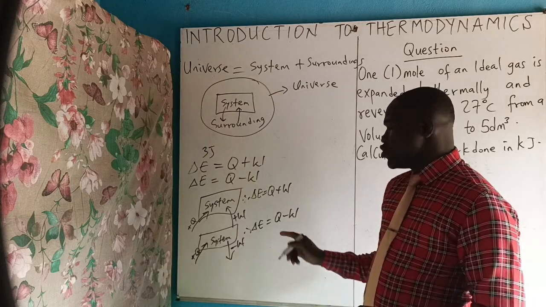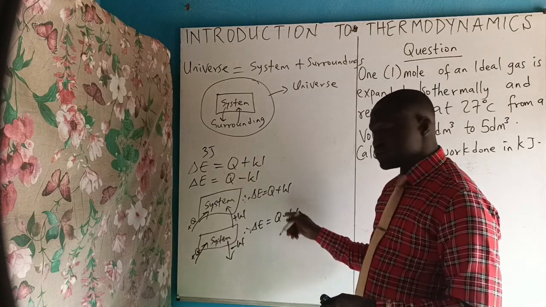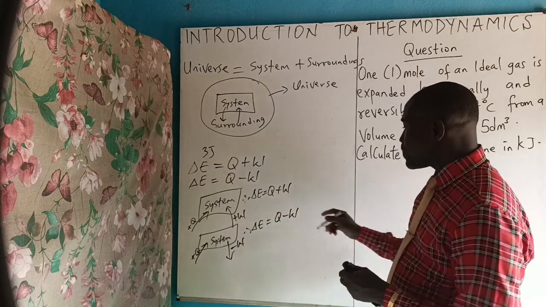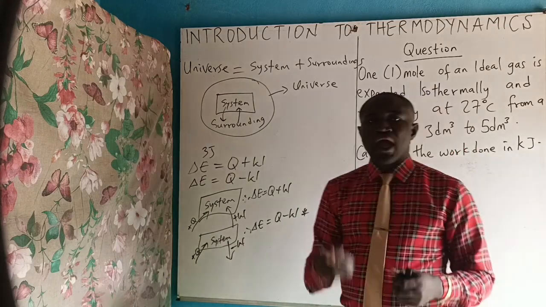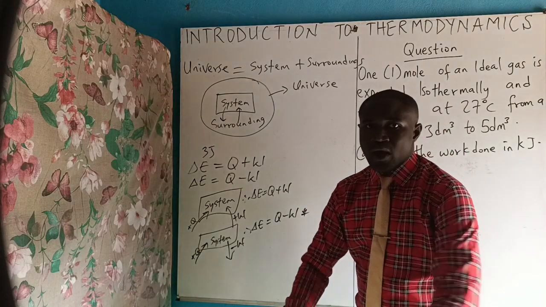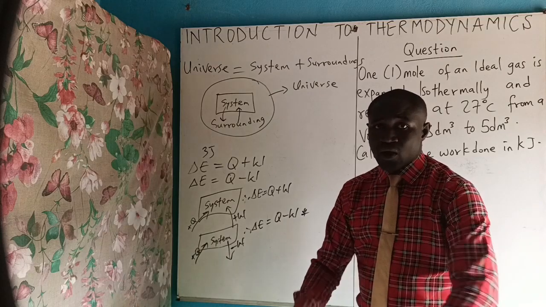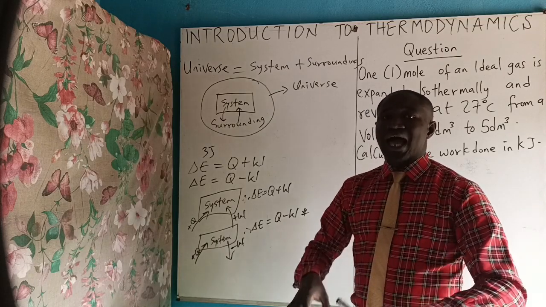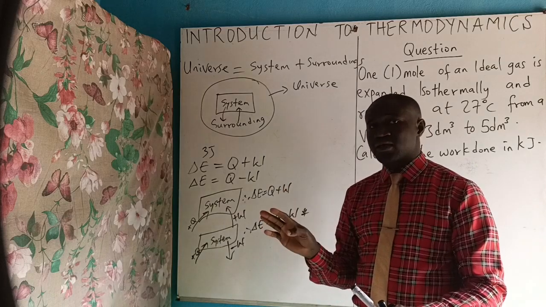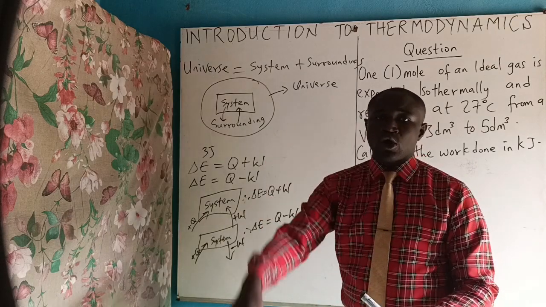All this we are discussing happens in our daily life. Take for instance, if someone goes to carry a weight, you notice that as the person is carrying the weight, thermodynamically, we say the person is performing work on the surrounding.